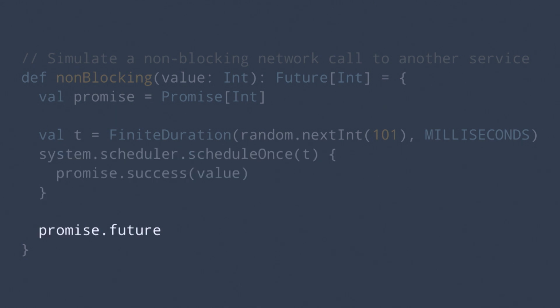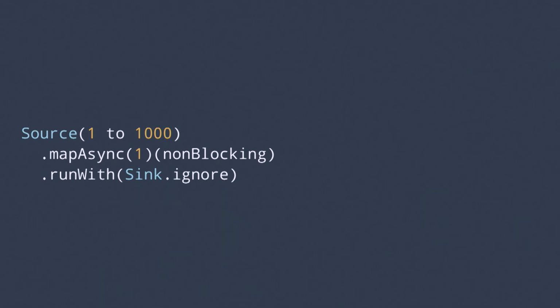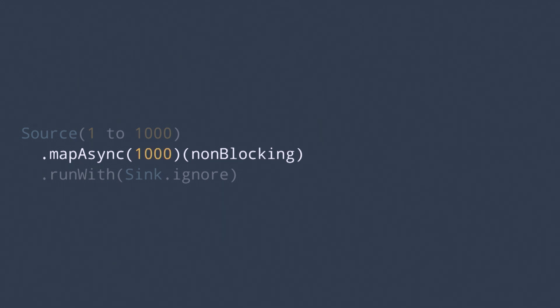So this stream runs 1,000 of those non-blocking calls using the MAPASYNC parallelism of 1, and this will take somewhere between 50 and 60 seconds to execute this stream. But with a parallelism of 1,000, it'll complete in approximately 100 milliseconds.